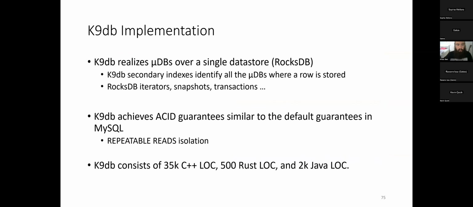Okay, so the first detail I want to talk about here is how we actually implement these micro databases. Our K9db prototype realizes all of them over a single RocksDB data store. RocksDB is a key value store. It's a very popular storage backend engine that powers all sorts of applications, and we're using it.